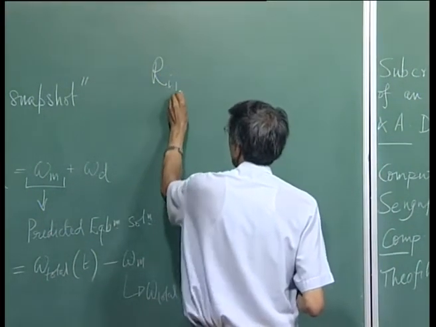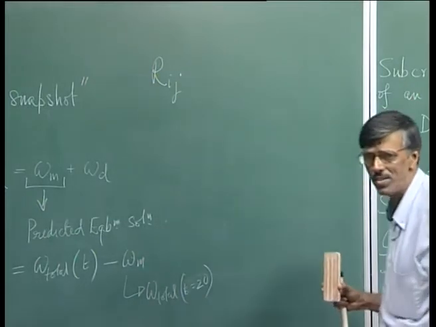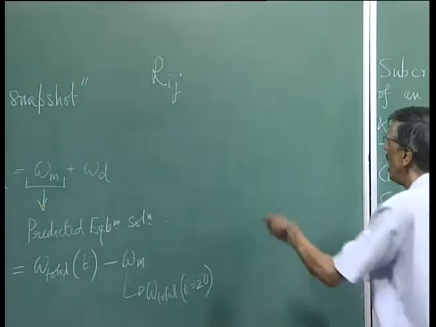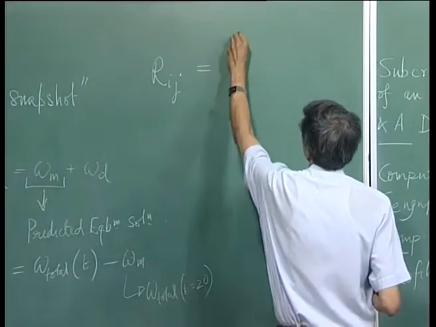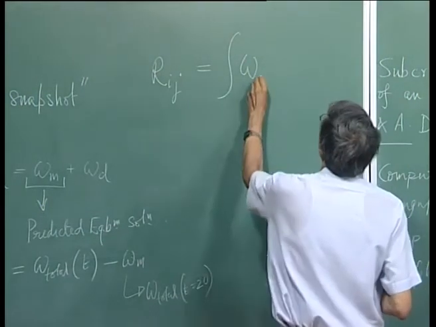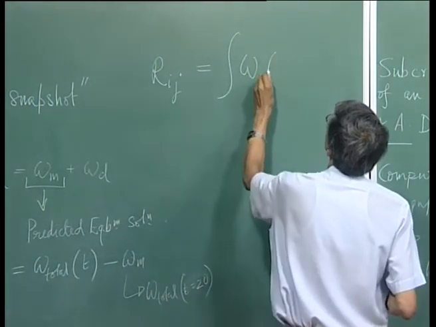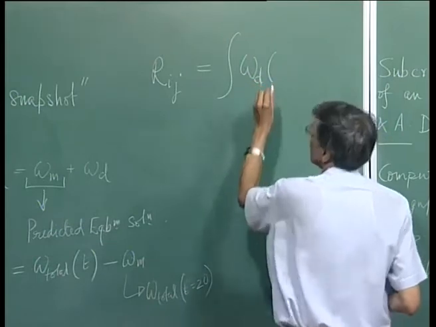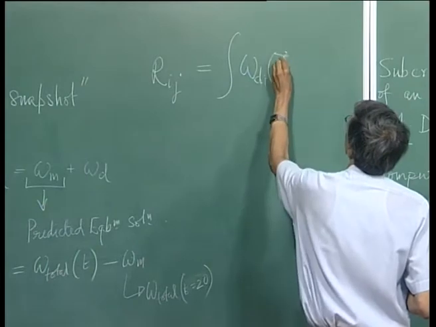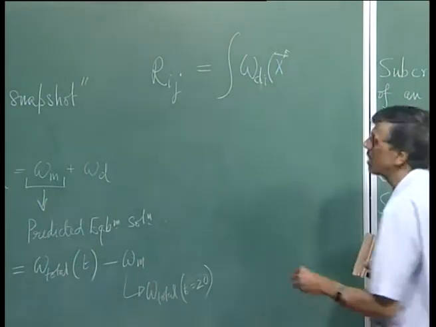R_ij. So i and j index refers to different time instants, and that I will be talking about, say, omega_i, so this is omega disturbance quantity at ith time frame for some x vector.